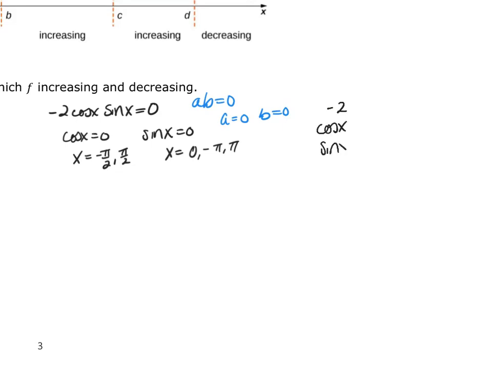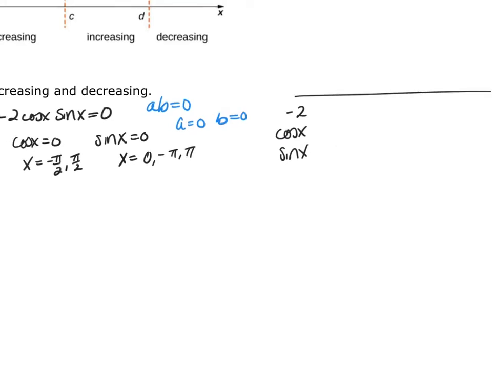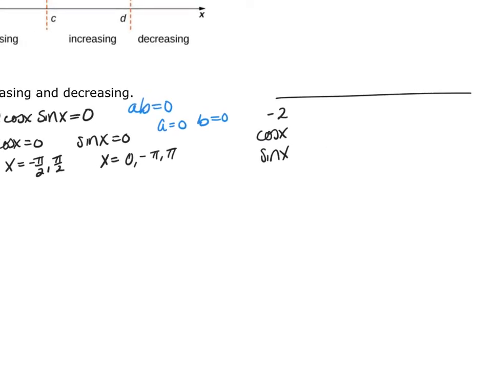I'm going to do the sine x. Across the top here, I'm going to go from left to right. So I have x is equal to negative pi halves, x is equal to 0, and x is equal to pi halves. And those come from setting my derivative equal to 0 and solving.